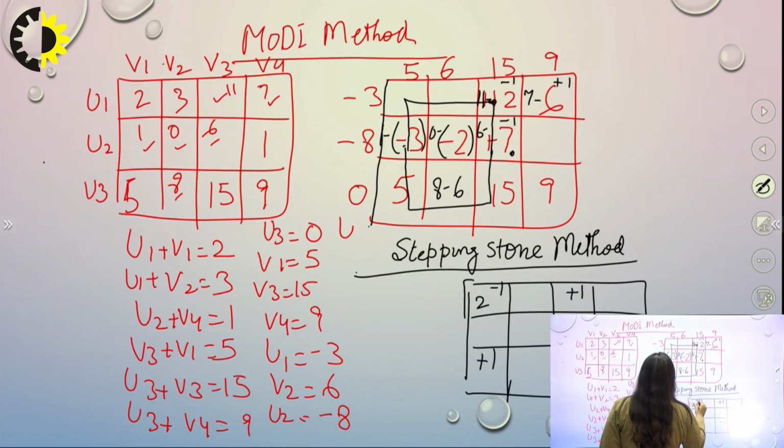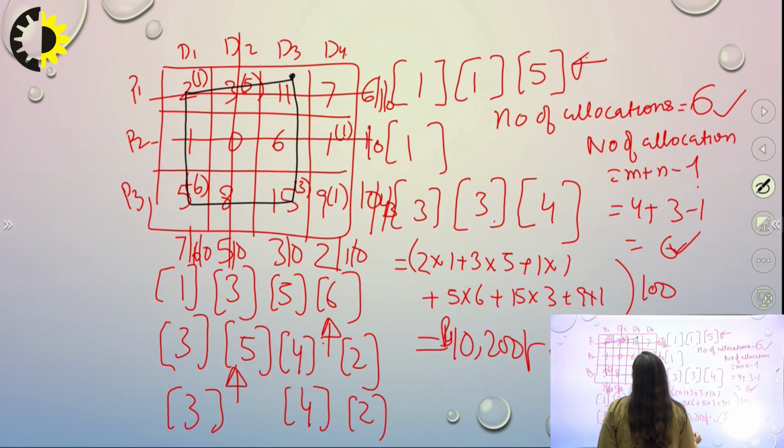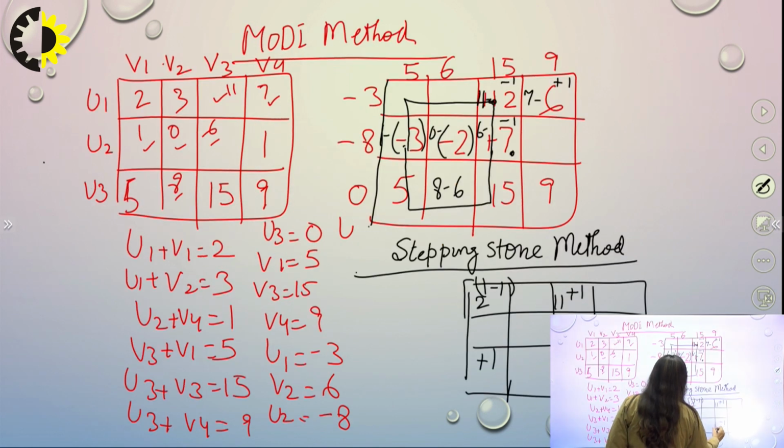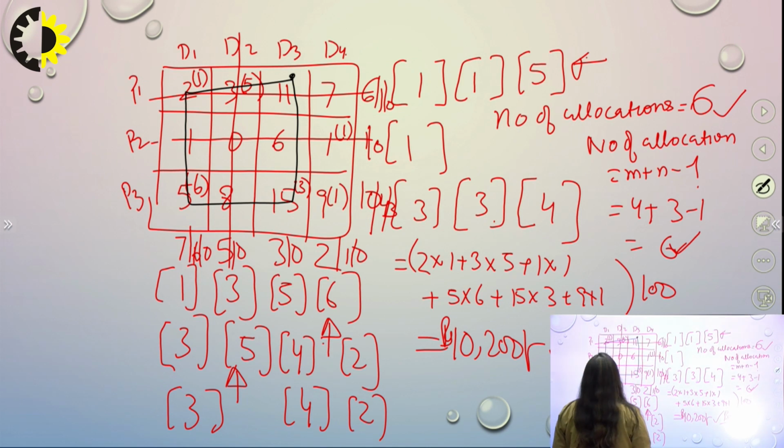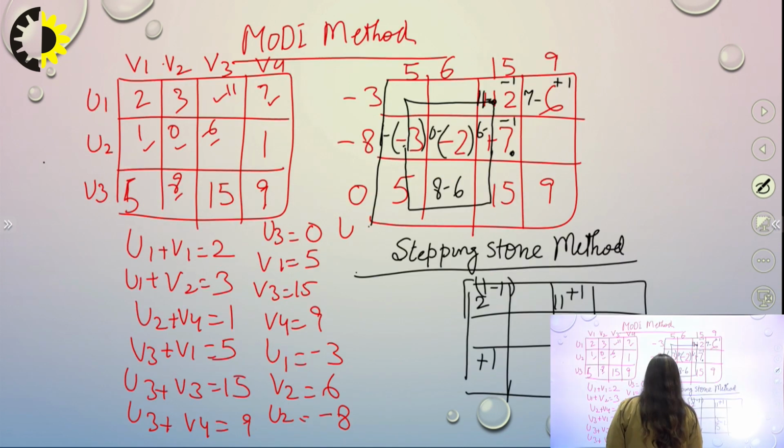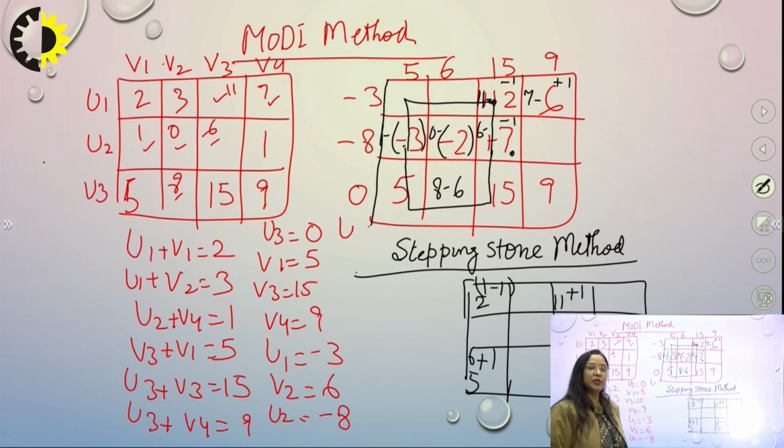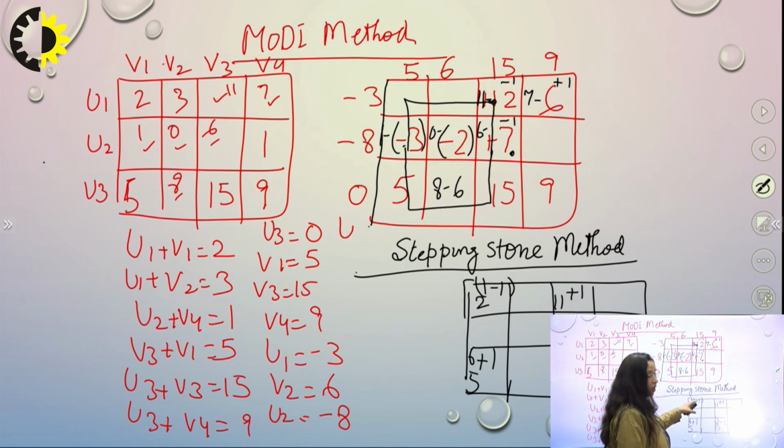That was 2, 1 minus 1, 11, 1 allocation is there, 15, 3 minus 1 allocation is there, and 5, 6, 5. Okay, so the allocation has been changed. Now the allocation over here has been shifted to this part.